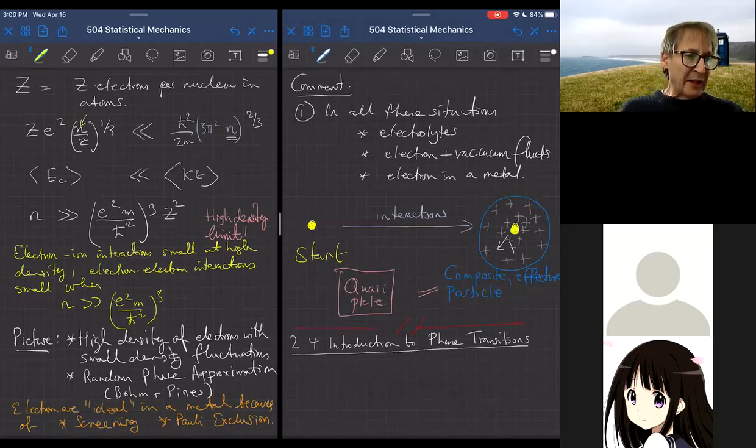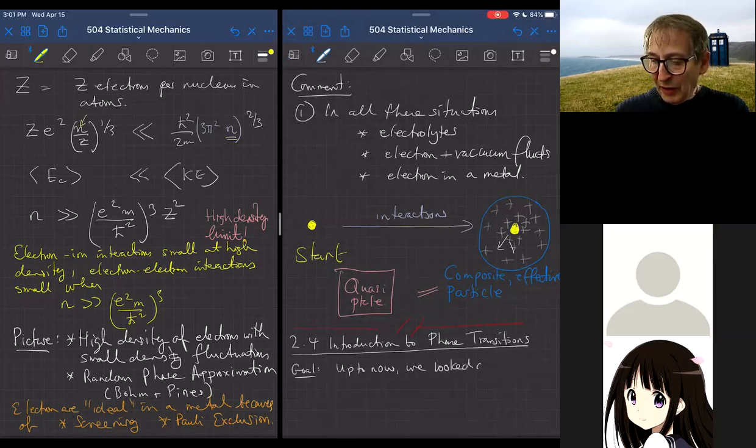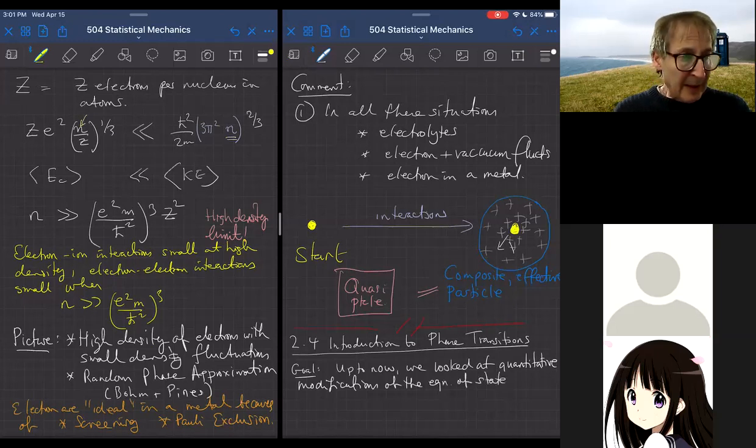And so let's just remind ourselves where we were. So in the previous sections, what we looked at up to now, we looked at the quantitative modifications of the equation of state due to interactions.